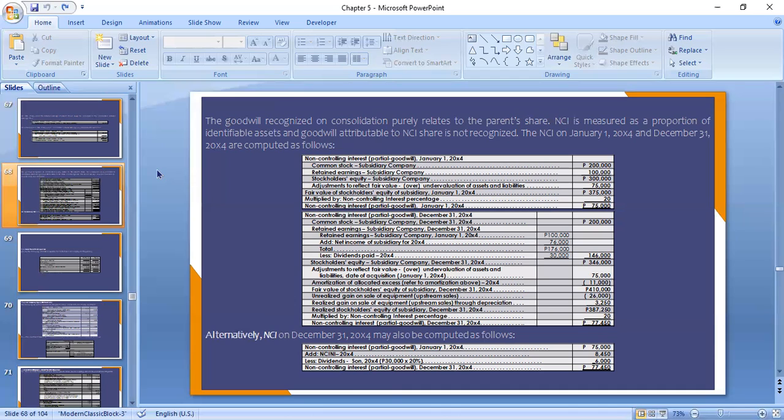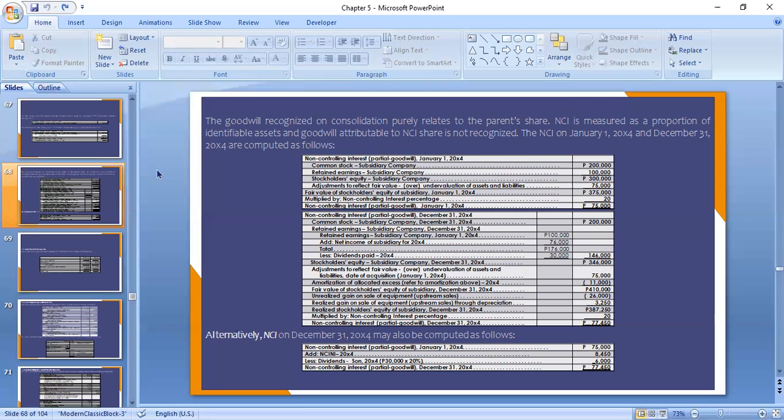Alternatively, NCI on December 31, 2024 may also be computed as follows. So we have the NCI using partial goodwill on January 1, 2024, then the NCI 20x4, and the dividends for 6,000.